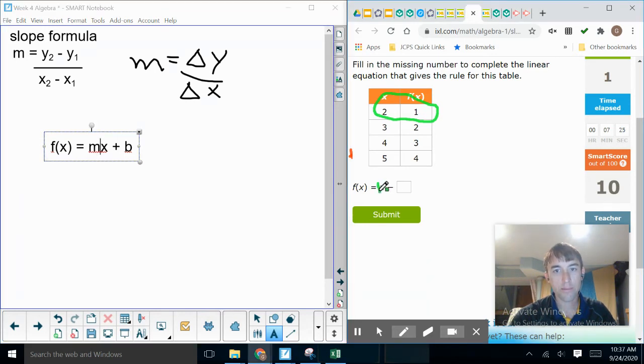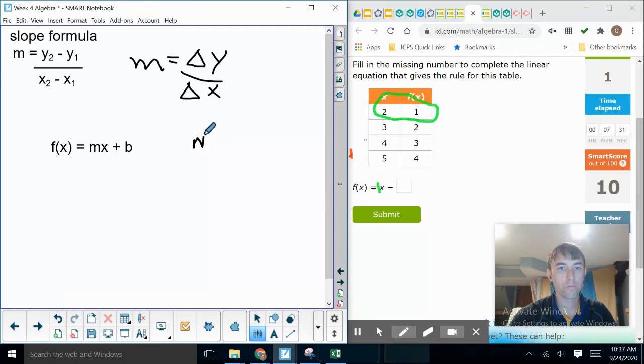That doesn't mean m is not a number. m is going to be 1. I don't need to write 1, but I want you to know that there's no coefficient shown; the coefficient is 1.